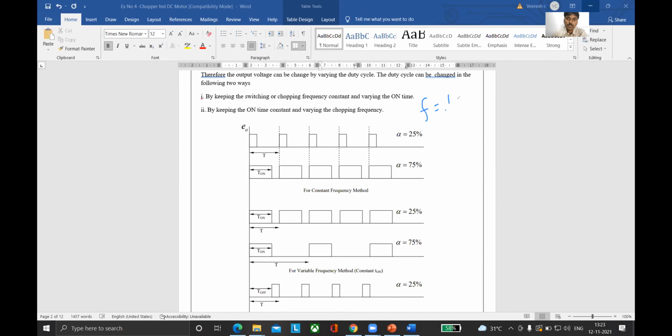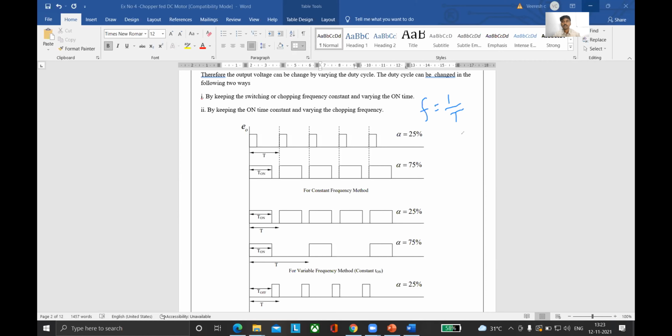F is equal to 1 by T. Is it right? F is equal to the reciprocal of the time. If the time is decreased, the frequency is increased. If the time is increased, the frequency is decreased. If the total time period is constant, the frequency is also constant.